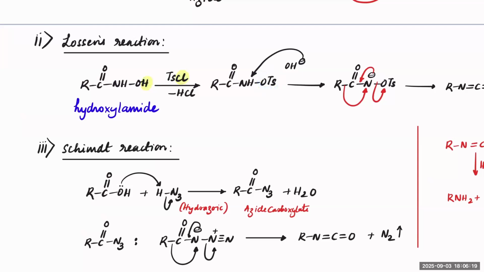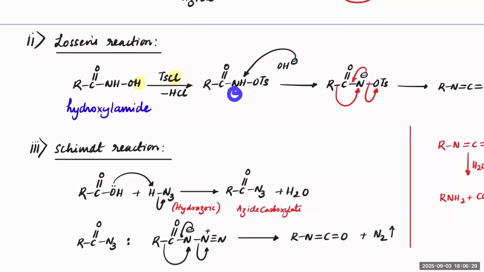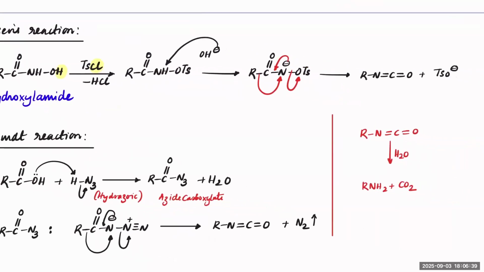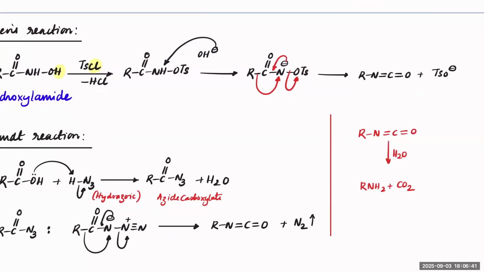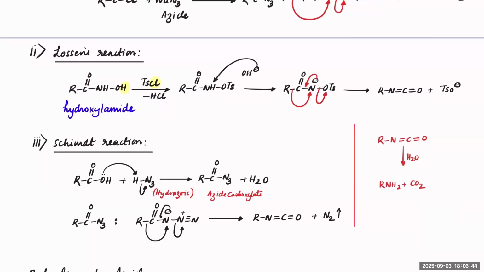And if you recall, OTs is an excellent leaving group. So keeping this in basic medium, OH minus will take H plus. You will get minus charge on it, and you will get this form. Again, nitrogen will push electrons here. R will migrate on nitrogen. This bond will break because OTs is a very good leaving group, ending up with isocyanate. This is called Lossen's reaction.